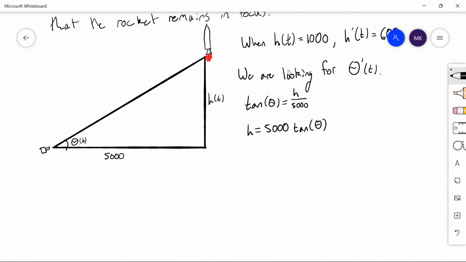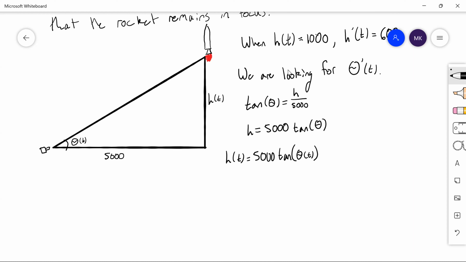So we now have an equation that relates these two things. And so now changing it from just these arbitrary variables to their variables as a function of time, we get h of t equals 5,000 times tangent theta of t.